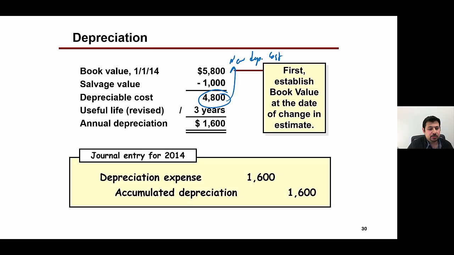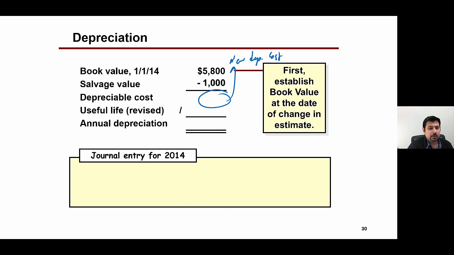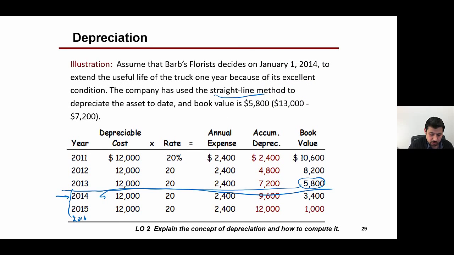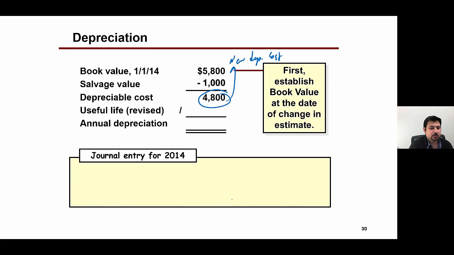And as you can see here, it's as if this remaining amount, the 2400 and 2400 that were still to be depreciated in the last 2 years, rather than depreciating them over 2 years, we will depreciate them over 3 years, and that would be splitting 4800 over 3 years rather than 2 years.